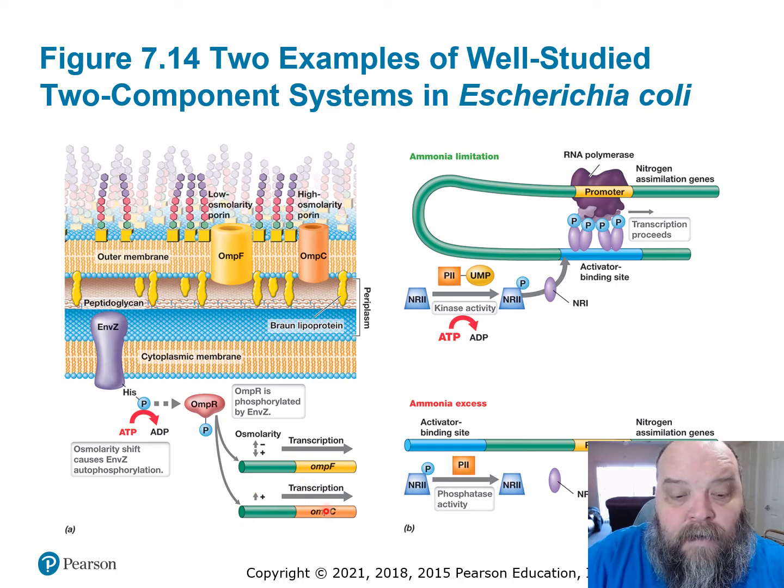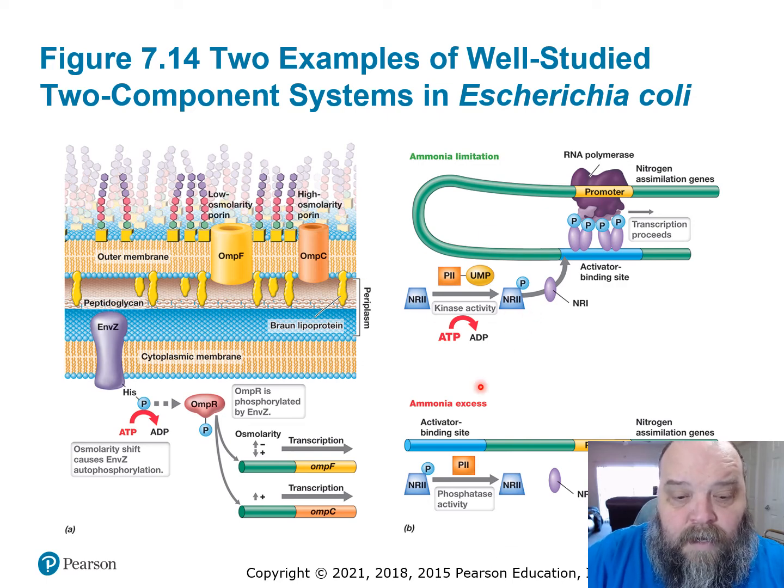It will bind here and activate expression of OMP-C. With no binding, OMP-C expression doesn't occur, but OMP-F will. OMP-R has nothing to do with that. So the default, if I remember correctly, is expression of OMP-F. OMP-R binding stops the expression of OMP-F and preferentially goes for the transcription of OMP-C.